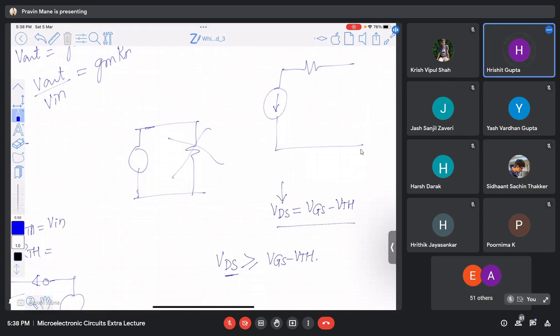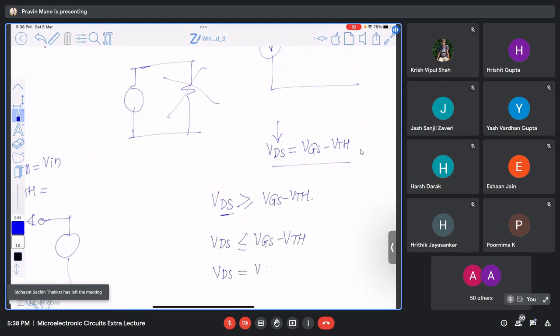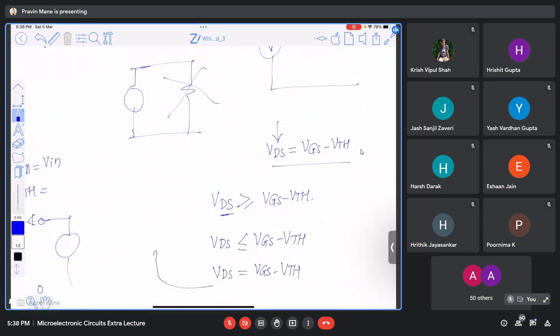Okay, and for PMOS, VDS should be less than or equal to VGS minus VTH. So it's the exact same, but the relationship is different. Yeah, that's the upper value, and this is the lower value. Okay.